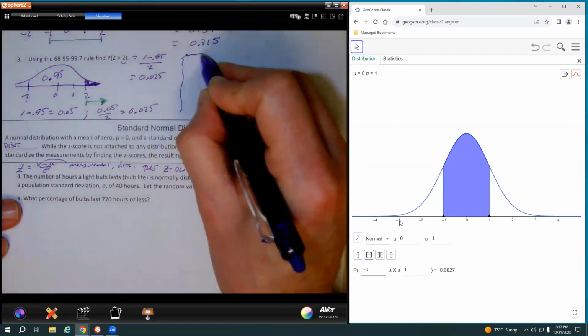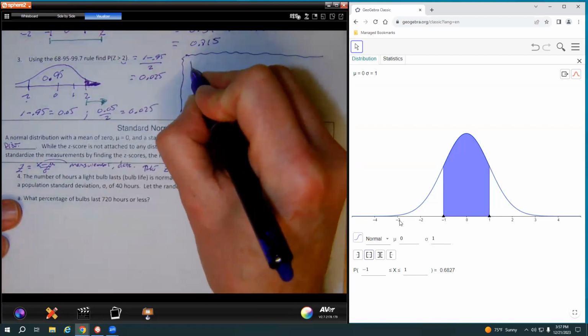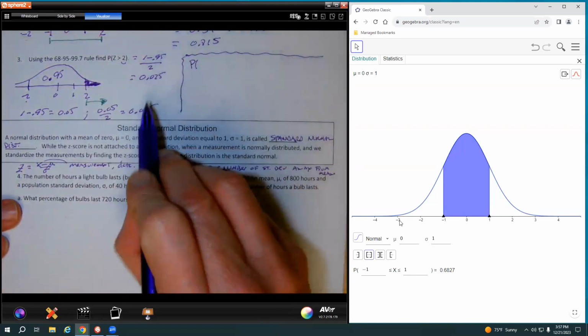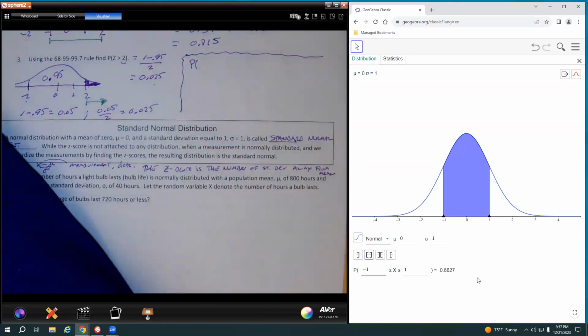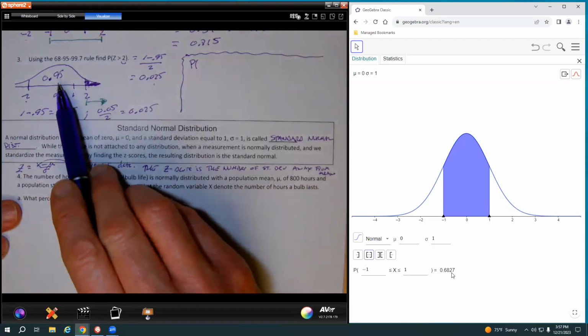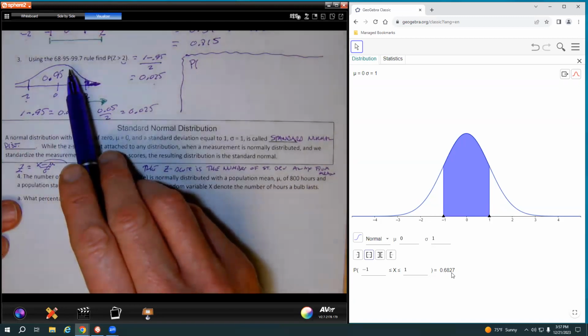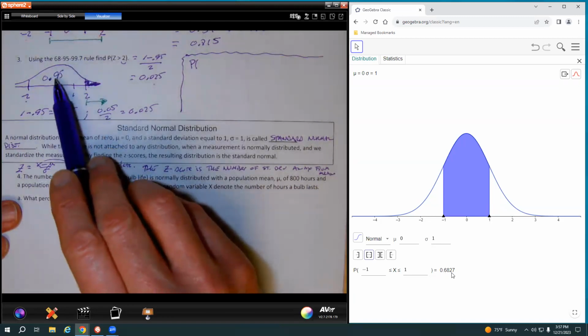Let's say that I want to calculate this, but using this program instead of this mnemonic. What I want you to realize is that this number is an approximation. What's going to come out of here is another approximation, but much better. It's going to be to 4 decimal places. And the 68, the 95, 99.7 themselves were just estimates. They're not exact. So this has been rounded.